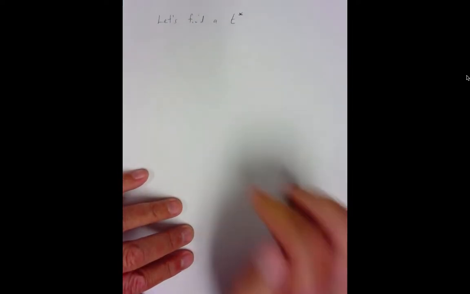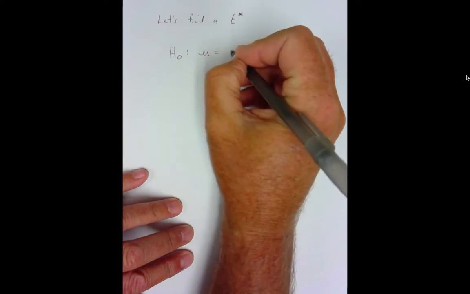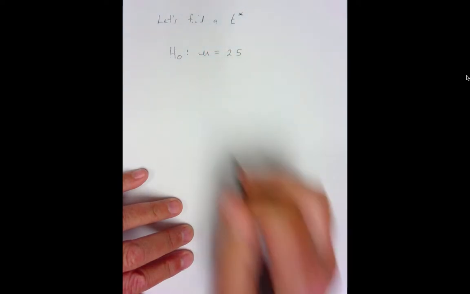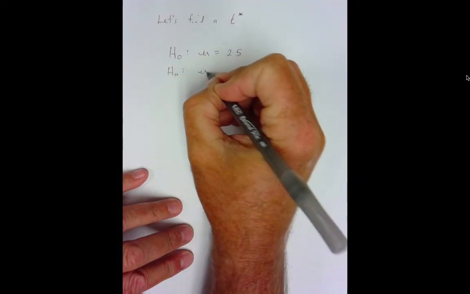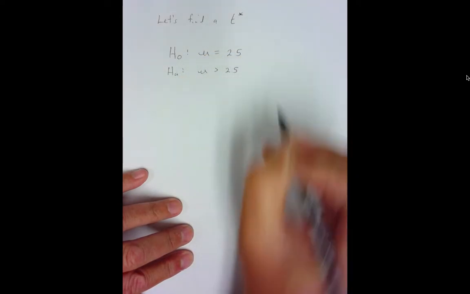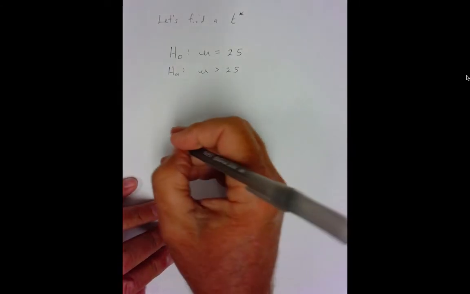All right, so let's say that we are testing H sub 0: mu equals 25, H sub a: mu greater than 25.